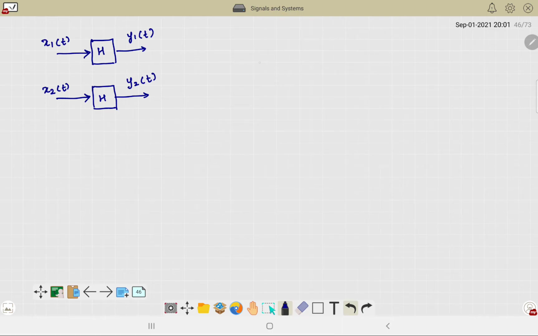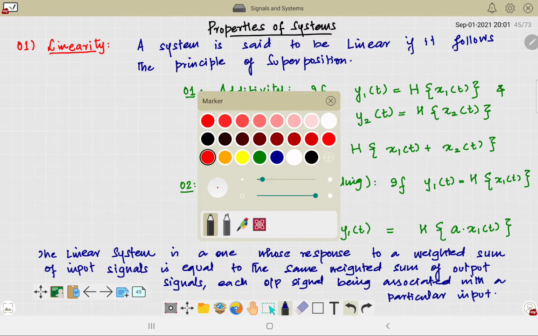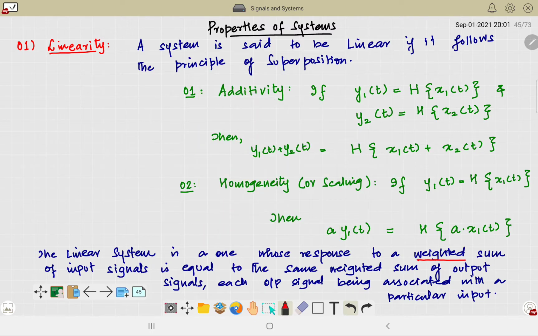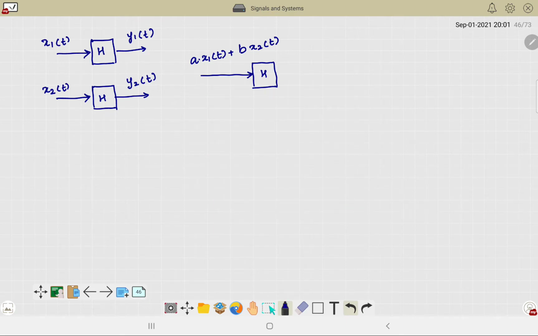Then with the same system, if I give it a weighted combination of these inputs, that is, a x1(t) plus b x2(t) as an input, this is the first part of the definition, whose response to a weighted sum of input signals. Fine. This is what I mean by weighted sum of input signals.